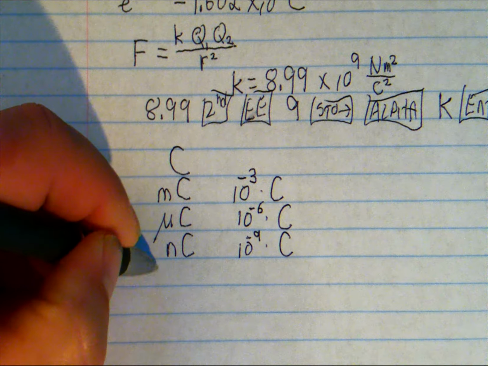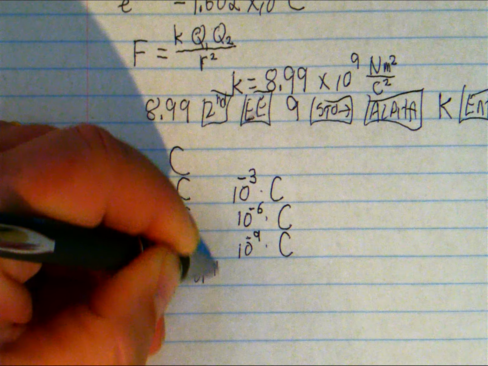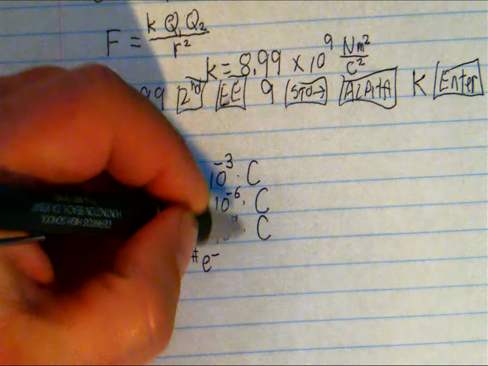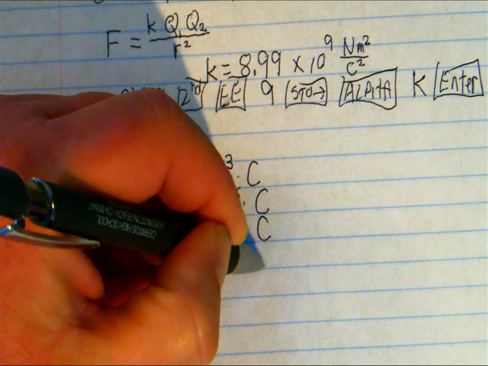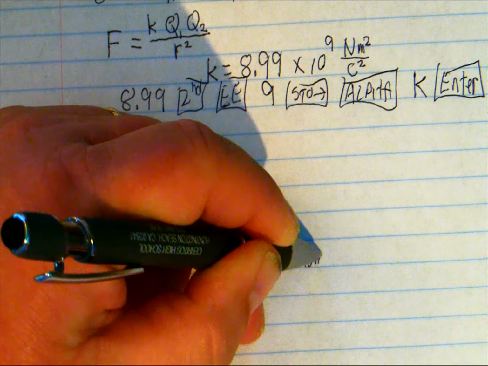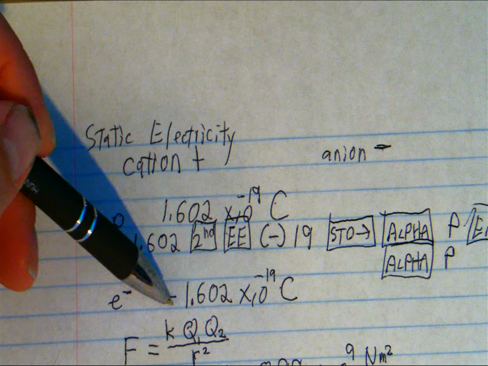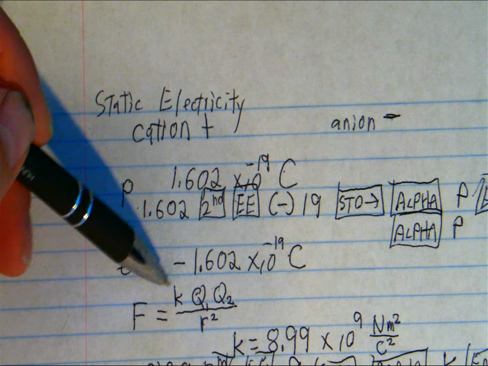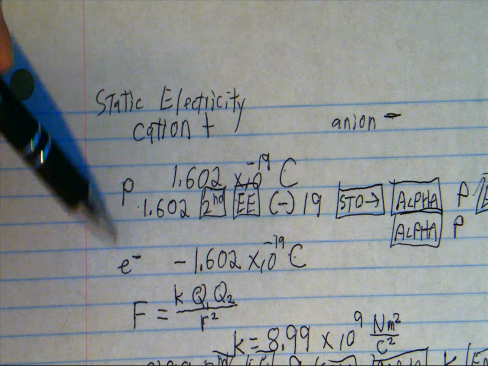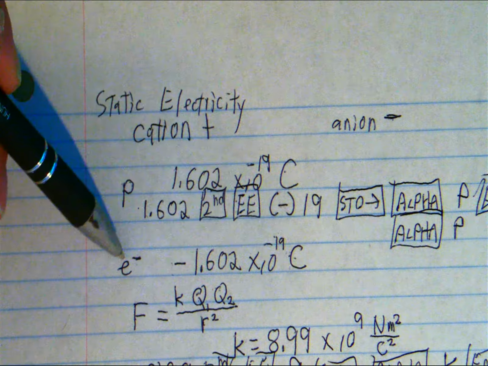If we give you some number of protons or number of electrons, then you have to convert them to coulombs using this factor here. 1.602 times 10 to the negative 19th coulombs per proton, or negative that amount, coulombs per electron.